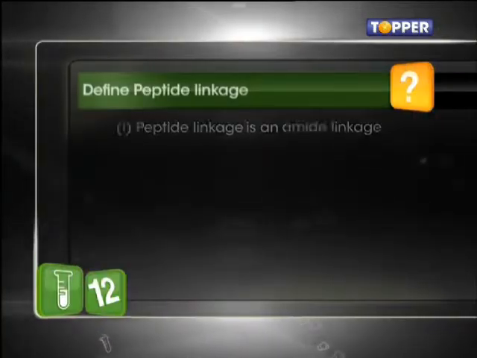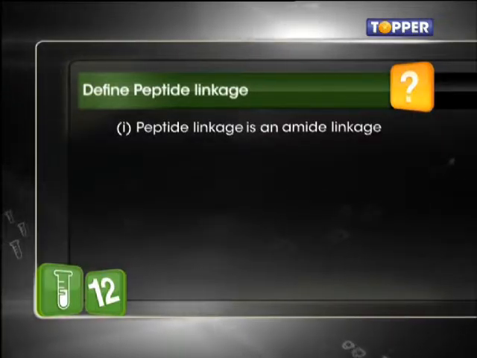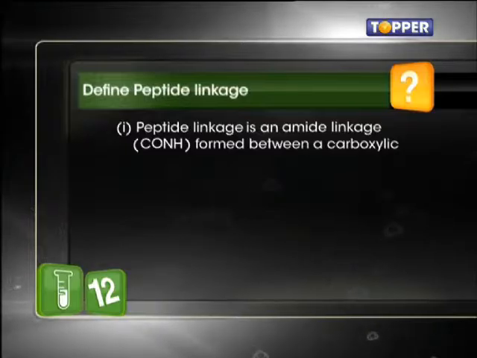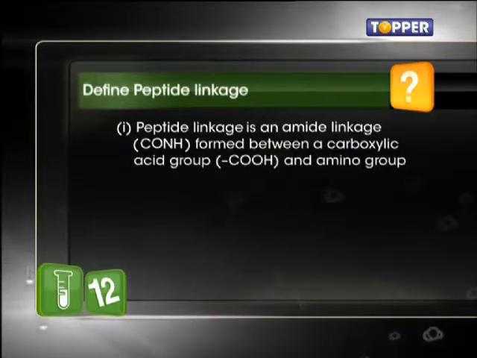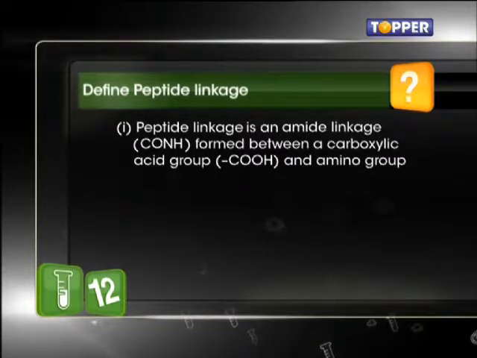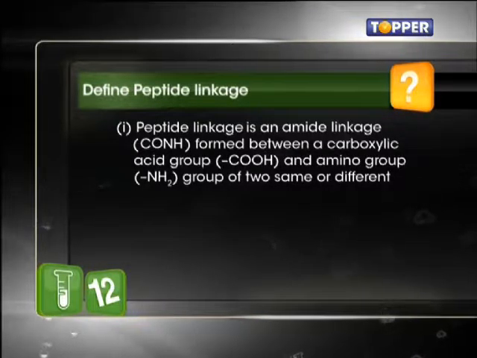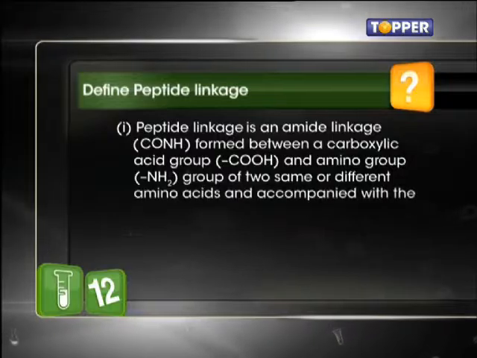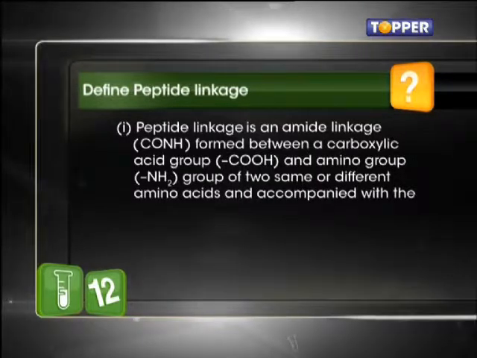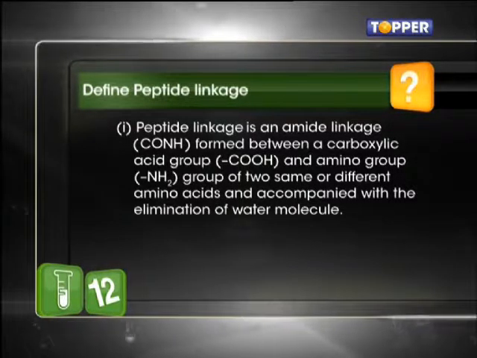Peptide linkage is an amide linkage, CONH, formed between a carboxylic acid, COOH, and amino group, NH2, of two same or different amino acids, accompanied with the elimination of water molecule.